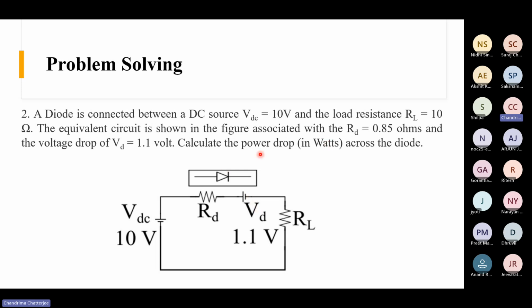So we need to calculate the power drop in the diode, right? So what is the power loss in the diode during conduction? Right. So can any of you solve this? Or just tell me what is the approach to solve it?